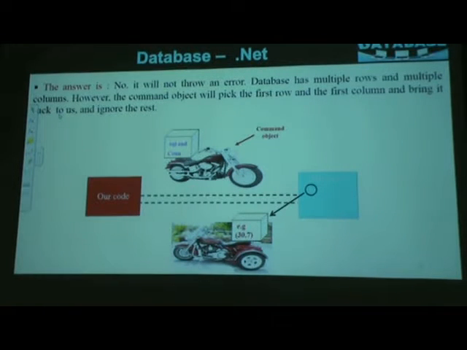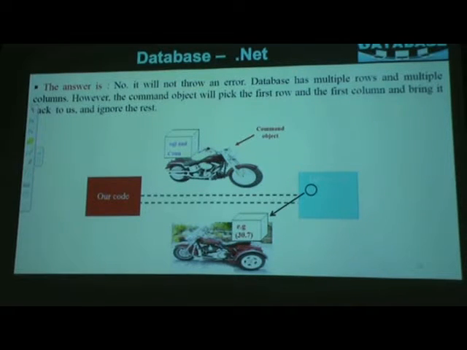The answer is no, it will not throw an error. The database has multiple rows and multiple columns. However, the command object will pick the first row and the first column and bring it back to us and ignore the rest, because the command object can only carry one piece of information.